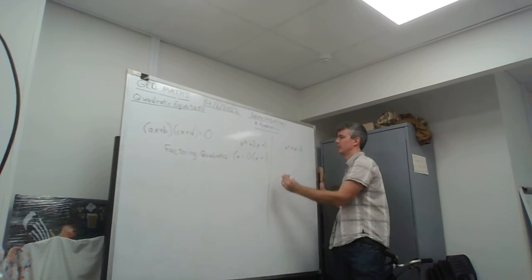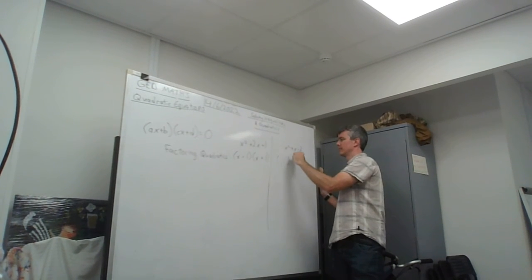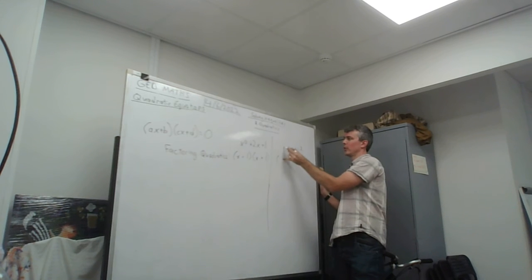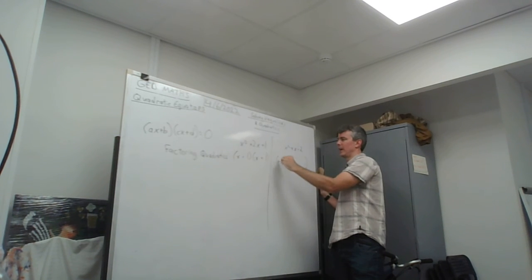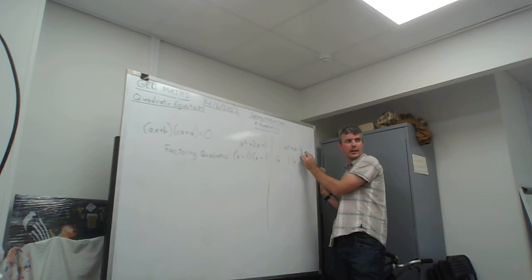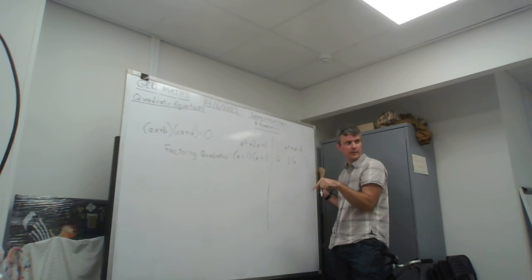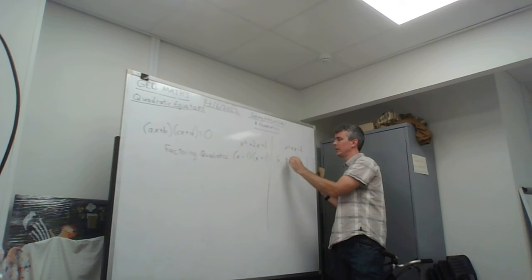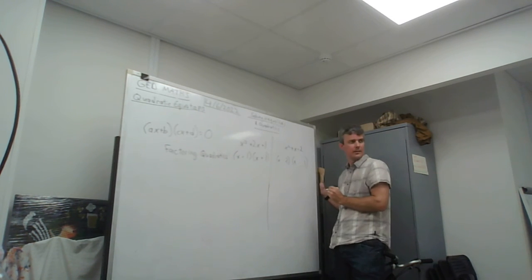So we write it again like this. First thing we know is there's no coefficient here, so it's x and x. Secondly, we have 2 here. For a number to be 2, it has to be 2 times 1. So it's 2 here and a 1 here, let's say.